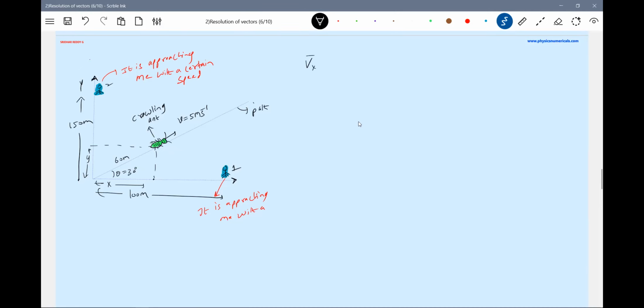Vx equals V cos theta i cap. V is 5, so 5 cos 30, which is root 3 by 2. Then what is Vy equal to? V sin theta j cap, which is 5 sin 30, which is 1 by 2, in meters per second.